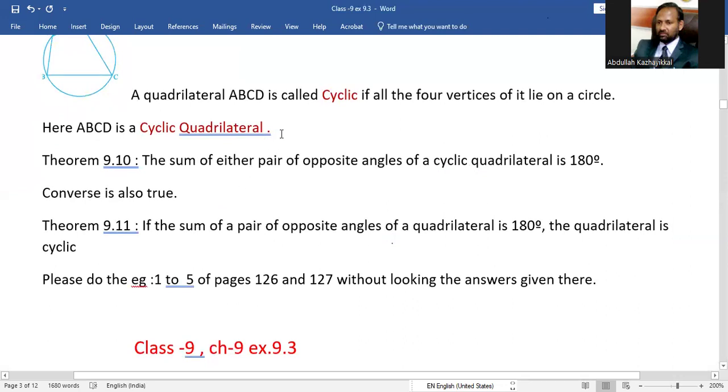That is the textbook definition. Now come to the theorem.